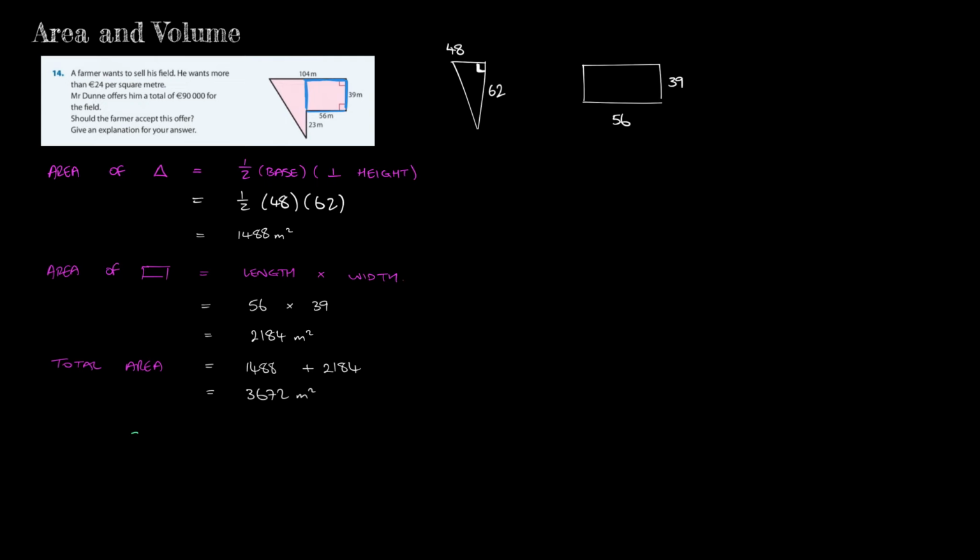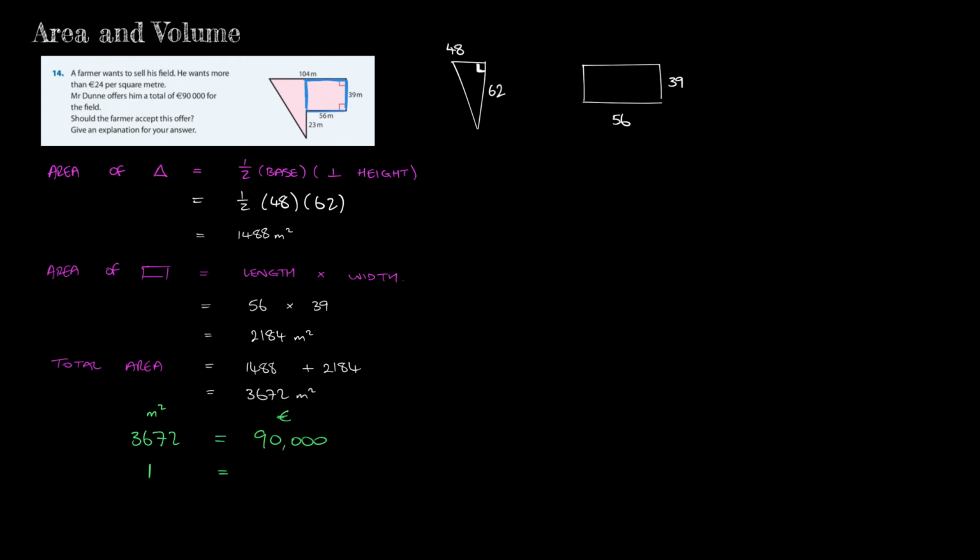So for 3,672 meters squared, he's been offered 90,000 euro. He wants to know what he gets per square meter, so what he gets for 1 square meter.